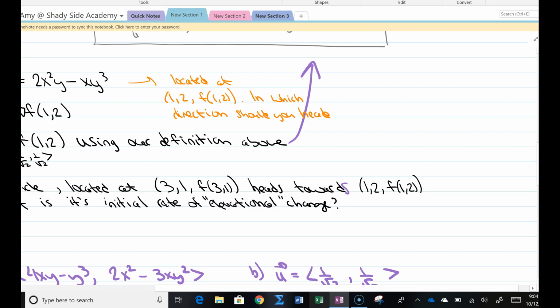In which direction should you head to obtain the maximum initial elevational change? Okay, so this idea is going to take a few minutes at the very least to gel. What I'm asking you here is, what is the vector that represents the direction you should head in for your directional derivative to be at the maximum?